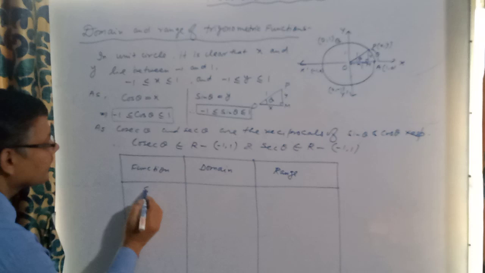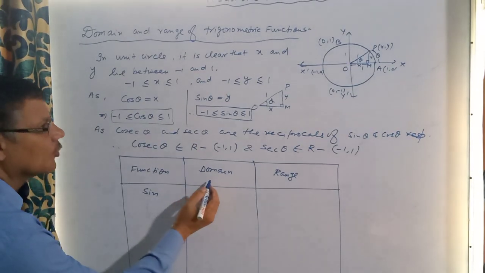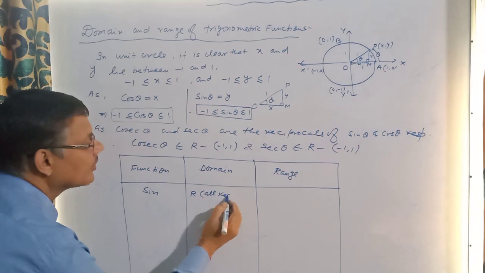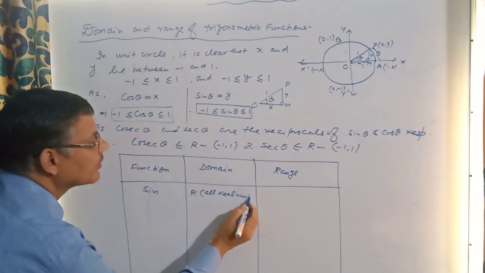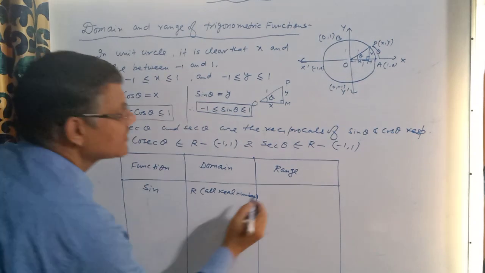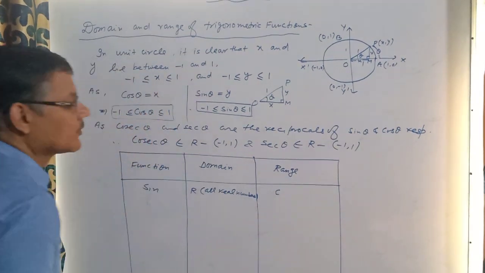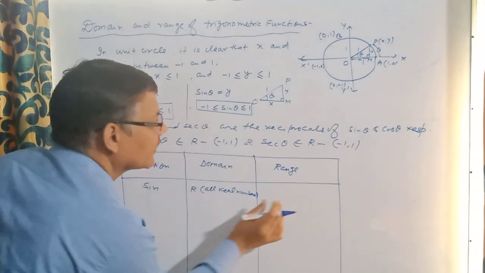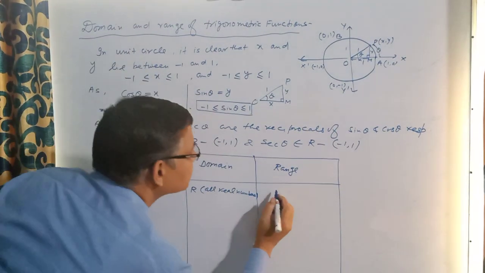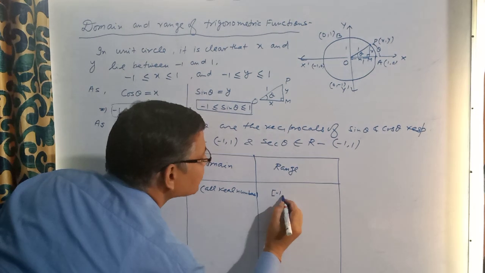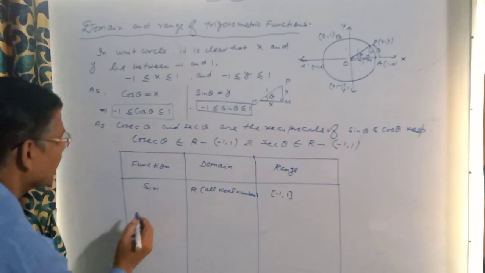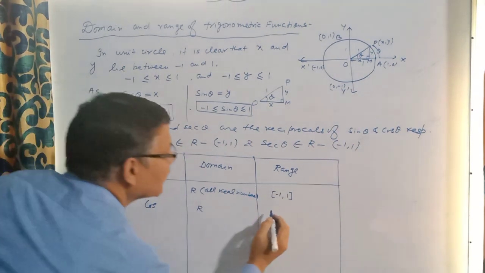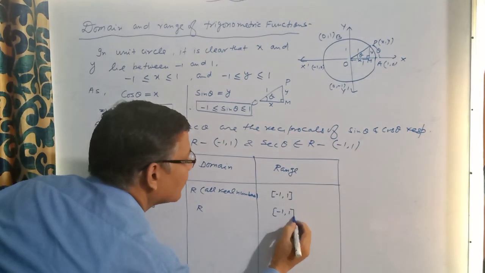Now if I write sine, here the domain is R, meaning all real numbers. The range takes values in the closed interval, where a closed bracket means including and a small bracket means excluding, and all real numbers between, so it is minus 1 to 1. Then when I take the next function cos, again it is R and it is minus 1 to 1.